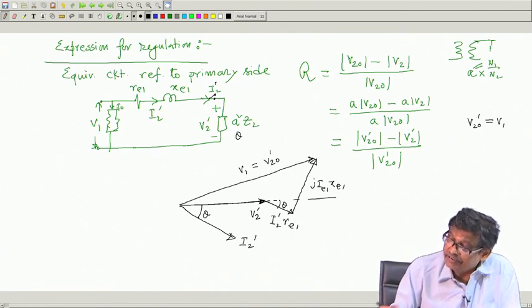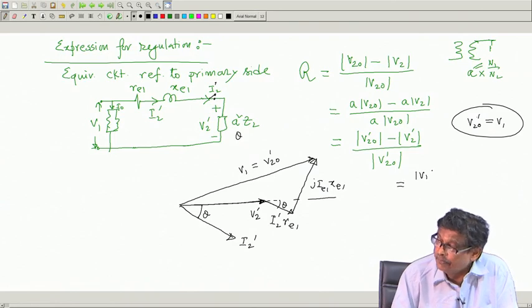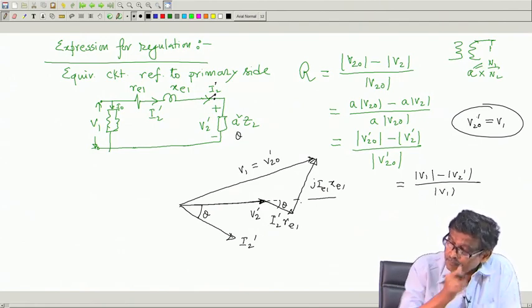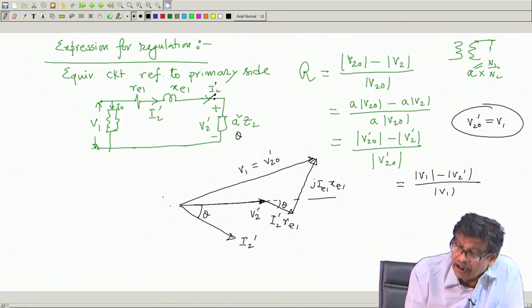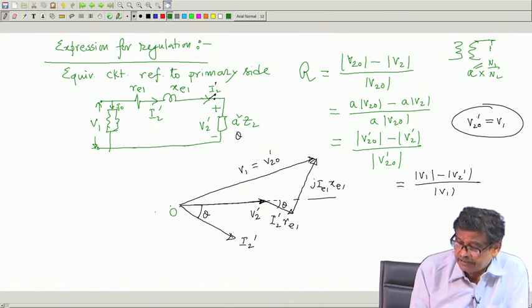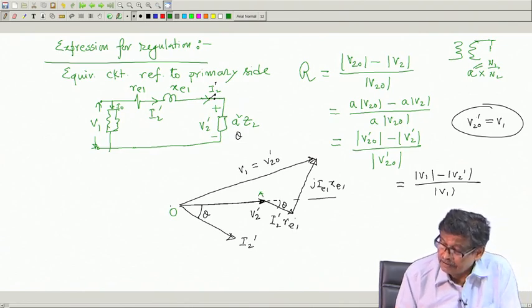Therefore, this regulation means magnitude of V1, next I continue with this knowledge, V1 minus V2 dashed divided by the open circuit voltage V1, equivalent open circuit voltage. Therefore, suppose I name these various points, like this is suppose O, let this point be A, this point be B, very simple calculation.